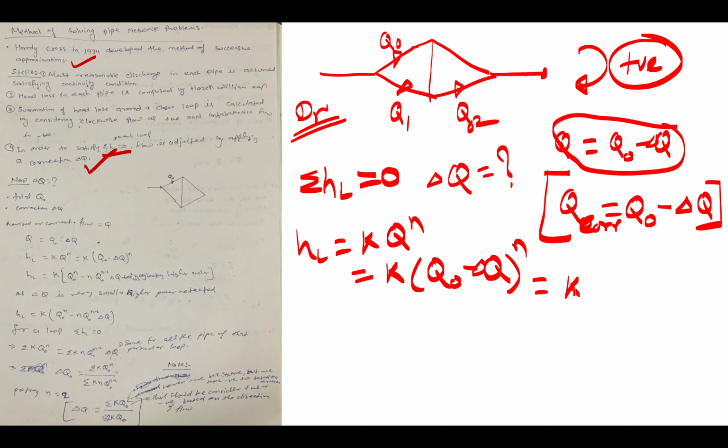You will get K times Q naught to the power N minus N Q naught to the power N minus 1 delta Q. The other term, what you will get? Plus delta Q square terms. So higher terms we may neglect because your delta Q should be very small.